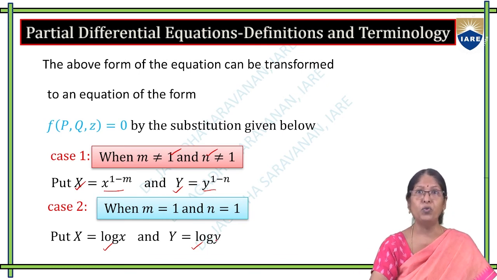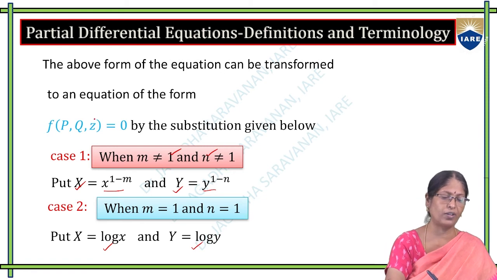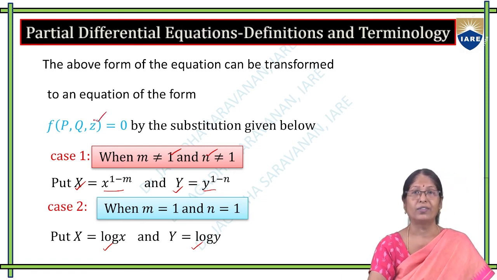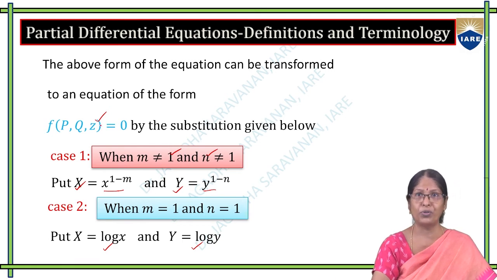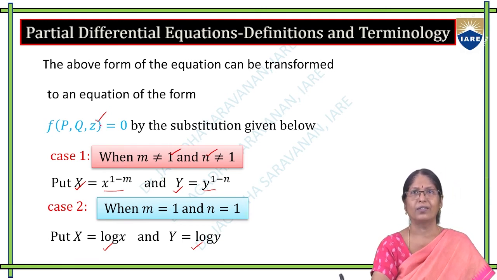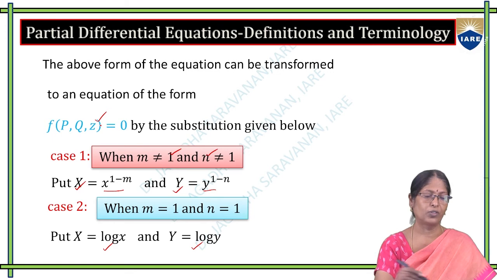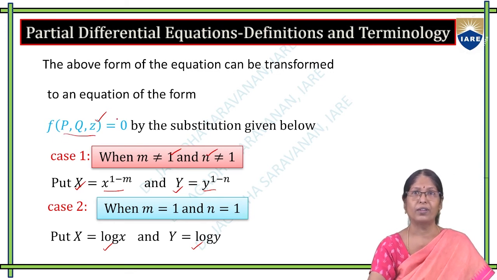After applying these assumptions, our given equation will be converted to the form of capital P, capital Q, z, our standard form, which is reduced to standard form 2. We are reducing standard form 5 to 2, and after the reduction we will apply the standard form 2 conditions.